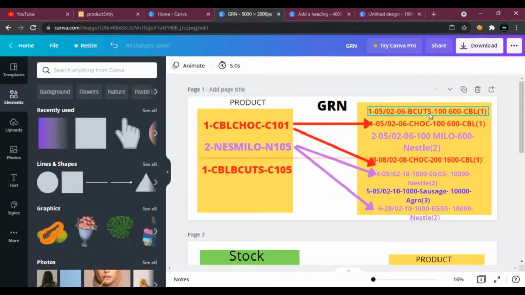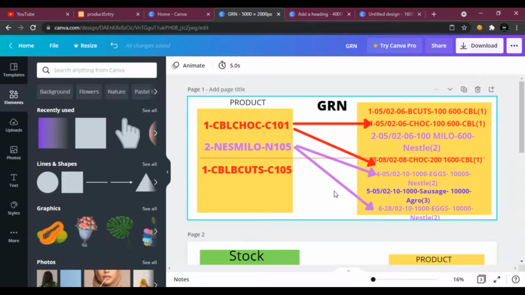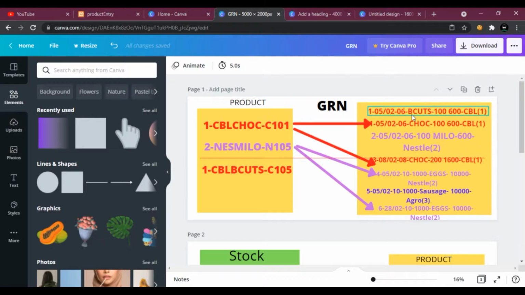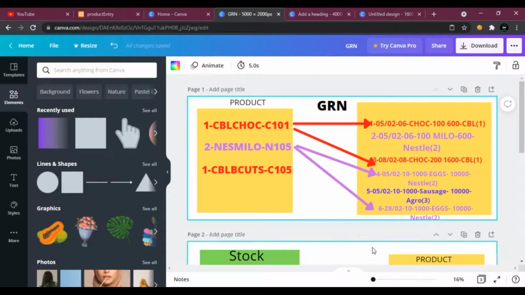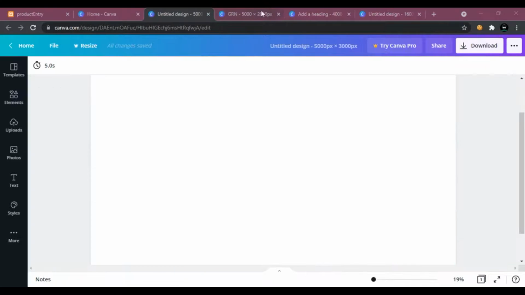If it holds multiple products, we have to change the whole scenario to something else, but I guess this is the right one. And let's move on to the third one.